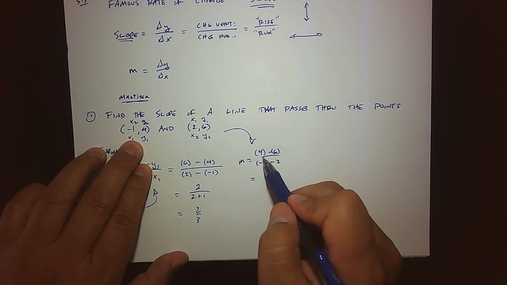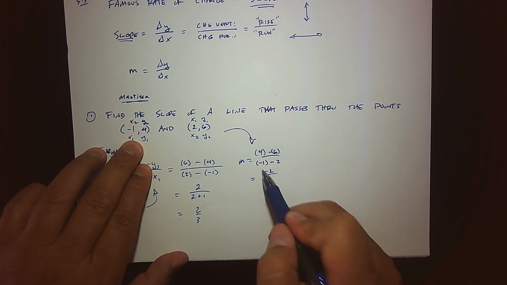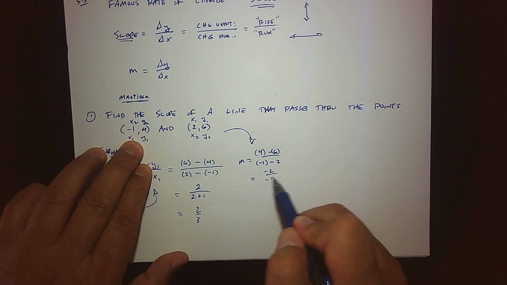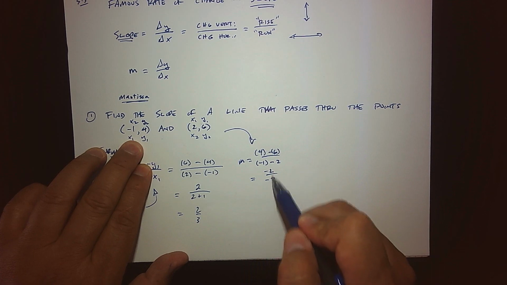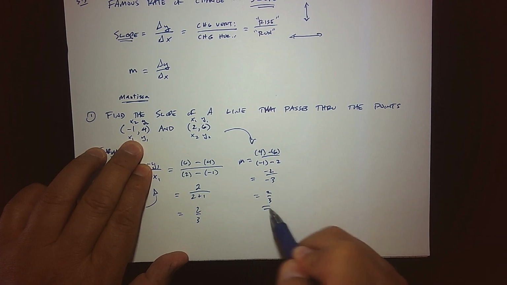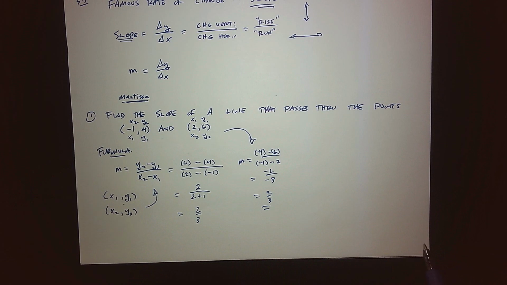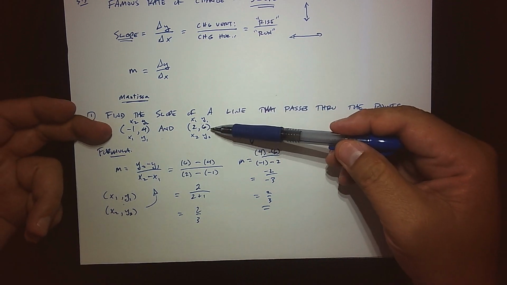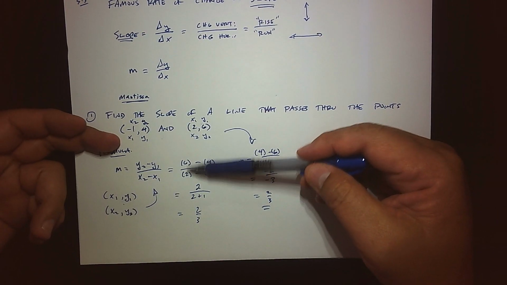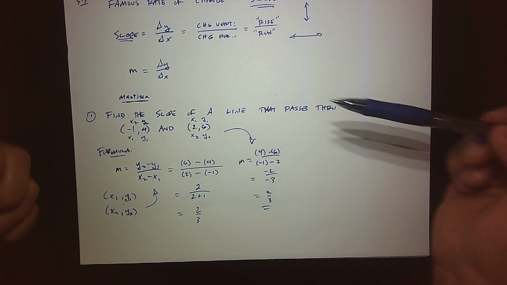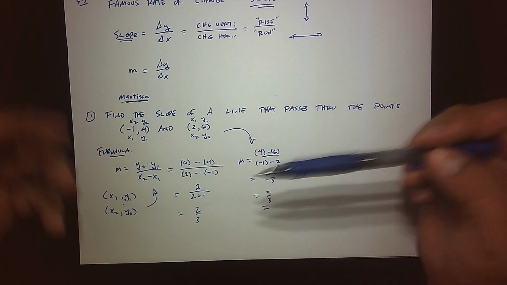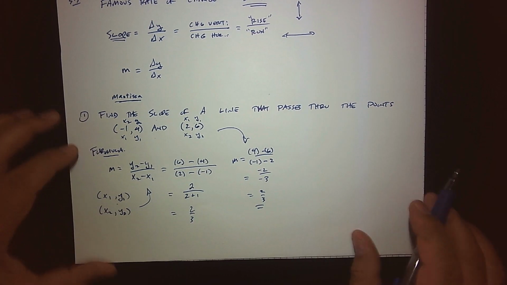Upstairs we would have gotten -2, and -1 minus 2 would be -3, and a negative divided by a negative is a positive, so you still come out with 2/3. So just be consistent, as we saw in the rate of change. Make sure your data point is being subtracted from another data point. Be consistent. So there's your formula.